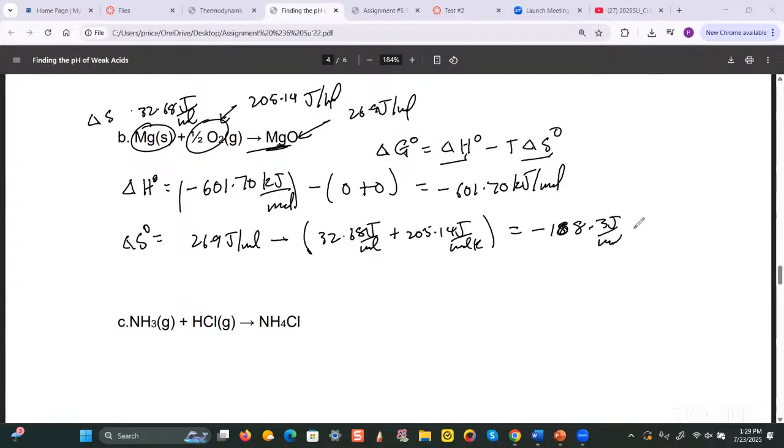Let me recheck that. She says to multiply by half for the oxygen. Yeah, this part will multiply by half. Thank you. Okay, so let me do that here, just to recheck. Hold on one minute.